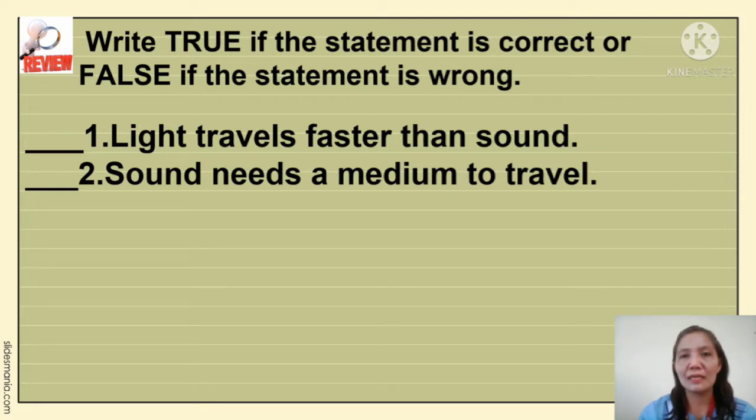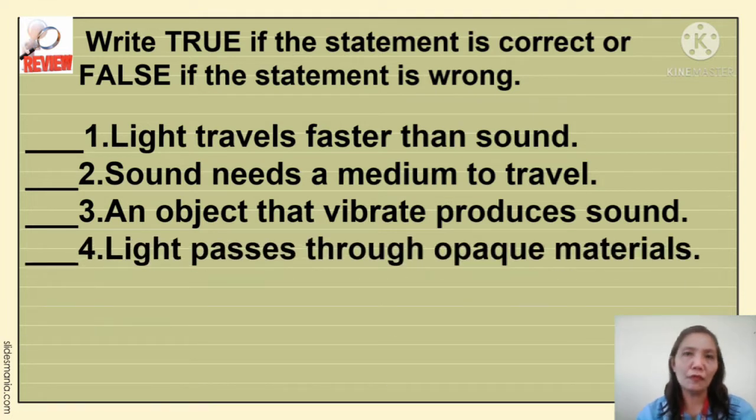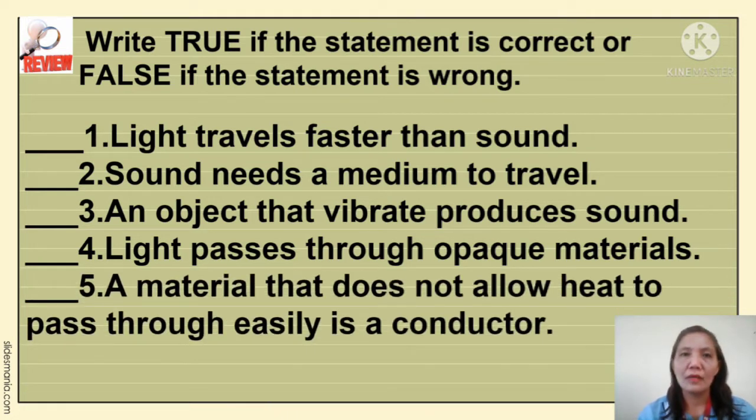Sound needs a medium to travel. Number 3. An object that vibrates produces sound. Number 4. Light passes through opaque materials. And number 5. A material that does not allow heat to pass through easily is a conductor.